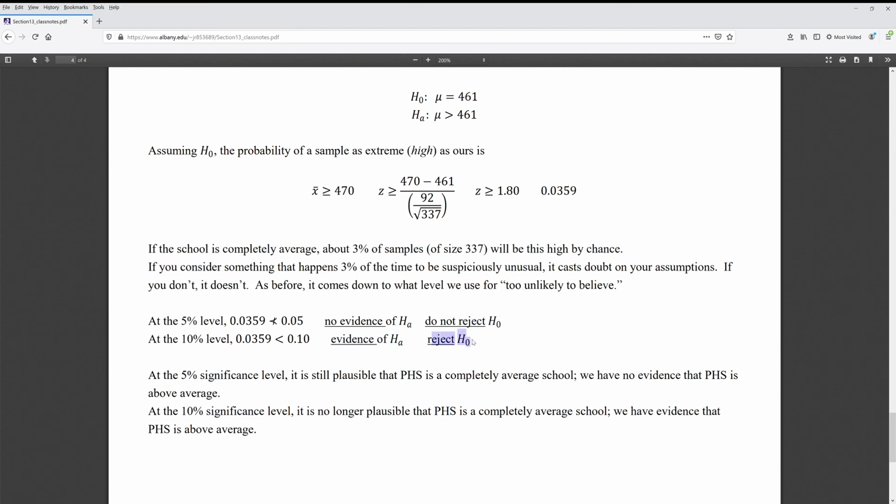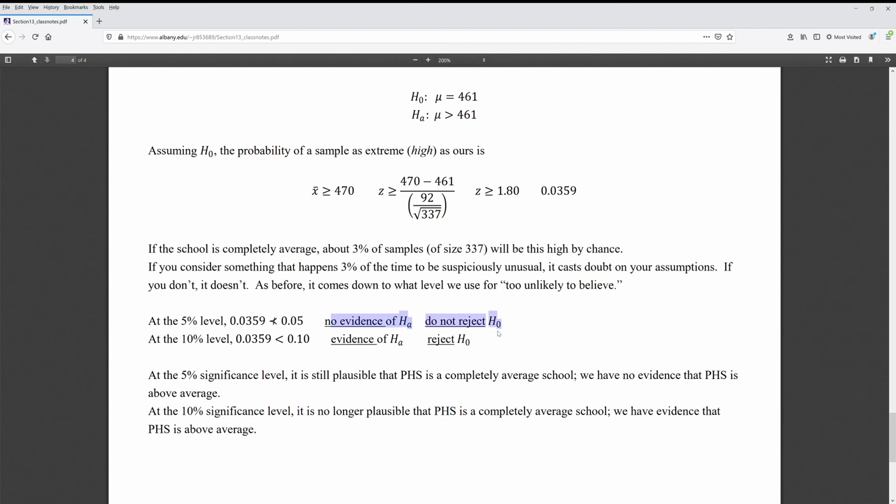We do reject H0. On the other hand, if we used the 1% level, 0.0359 is not less than 0.01. Pretend that this is a 1 and pretend that this is a 1. 0.0359 is not less than 0.01, so yes, in that case you would go here.